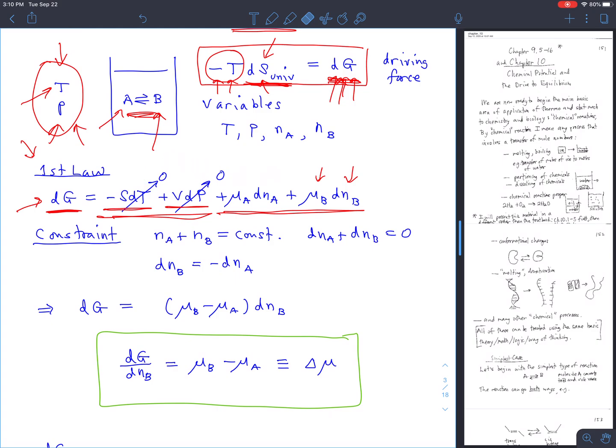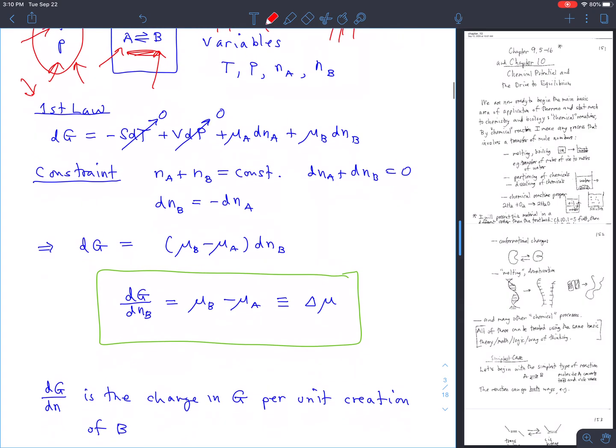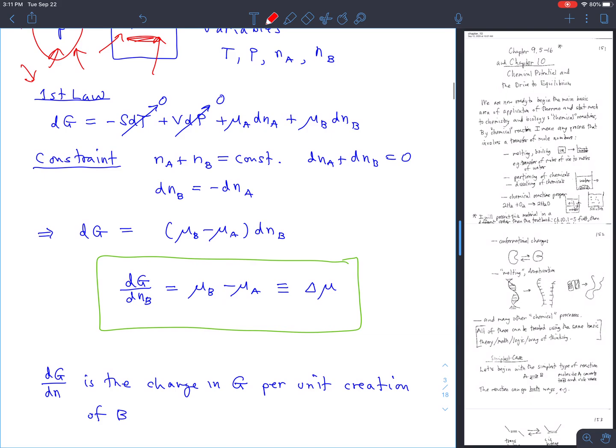All right. There is another constraint. So those are two of the three constraints. There is another constraint, and that constraint is that whenever a molecule of A is destroyed, a molecule of B has to be created, and vice versa. And that means that the changes in the mole numbers for A and B are not independent of each other. They're related to each other. Whenever B gets created, A has to be destroyed, and vice versa. So dNB is equal to minus dNA.